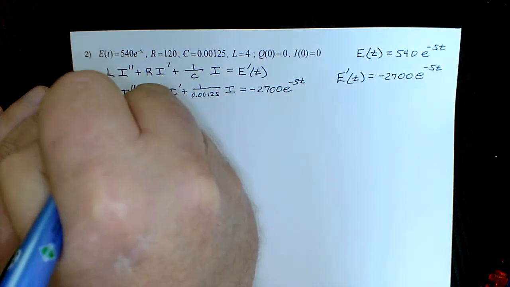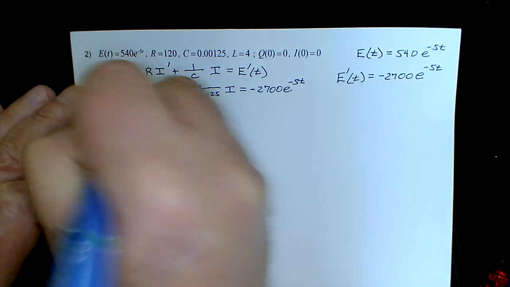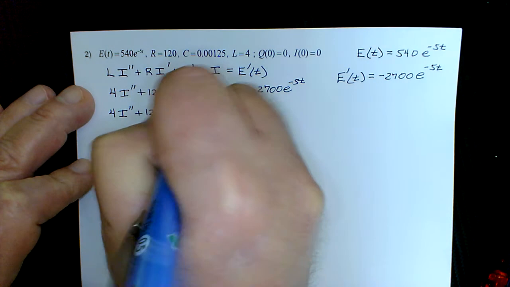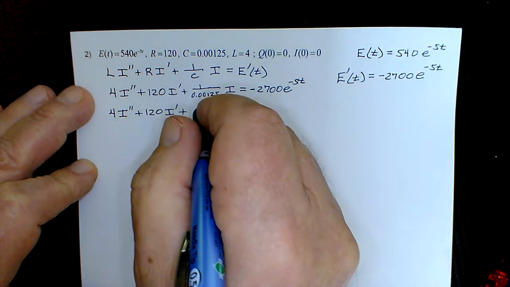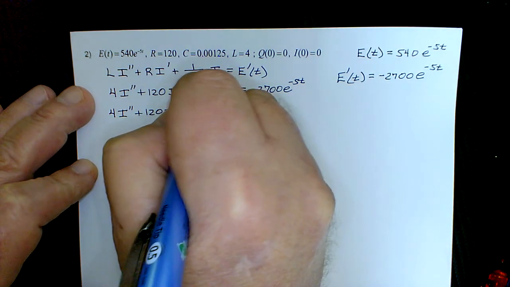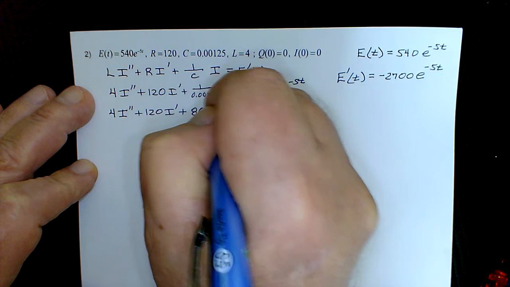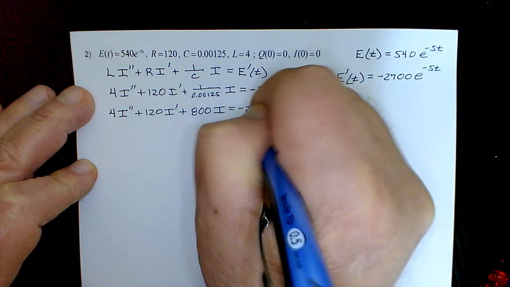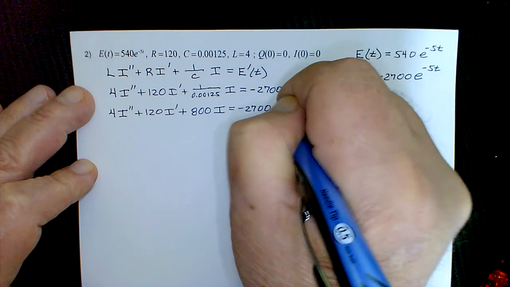Okay, I don't want to make any careless mistakes, so I'm going to recopy the first two terms and just divide 1 over 0.00125, which is 800. And that's times I equaling the negative 2700 e to the negative 5t.